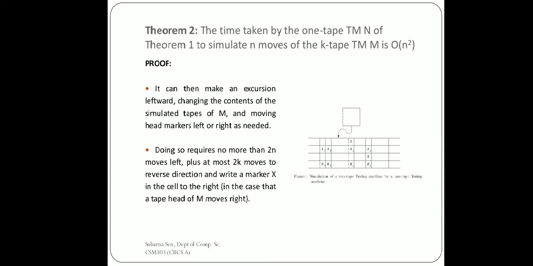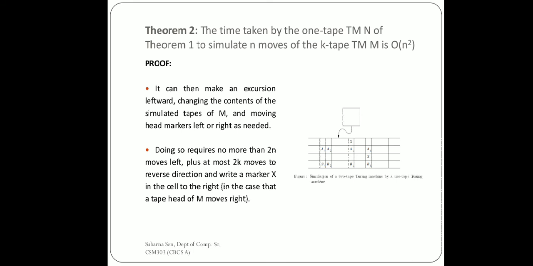Because we are simulating a k-tape machine, so for jumping n cells it needs a maximum of 2n towards the right, and again 2n from right to left.